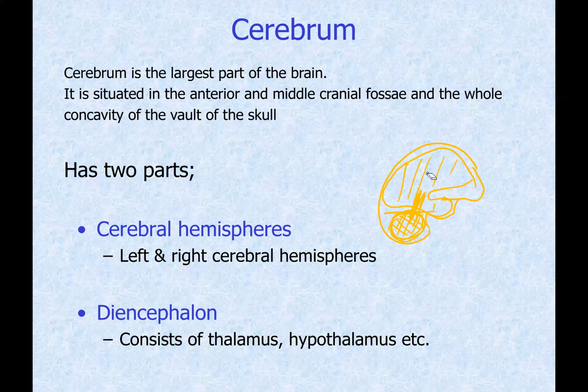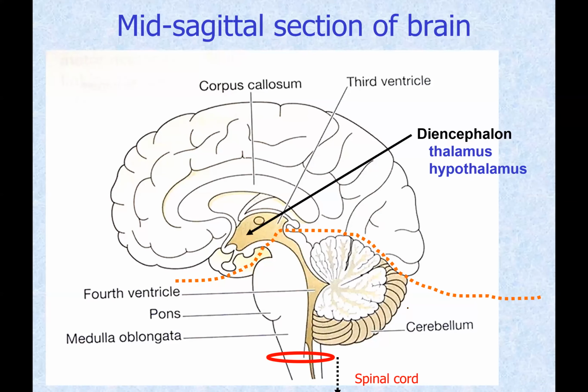Now, the cerebrum, as I said before, has two parts. Two large cerebral hemispheres, left and right, on either side, and a diencephalon, mainly consisting of thalamus, you must have heard about these terms, and hypothalamus, hidden between the two cerebral hemispheres. I'll show you. Now, this is a diagram of a sagittal section of the brain.